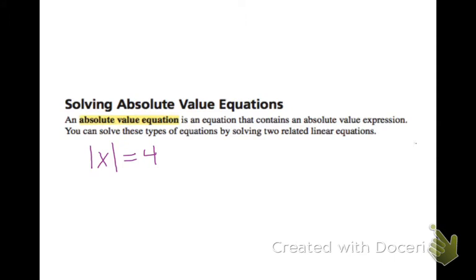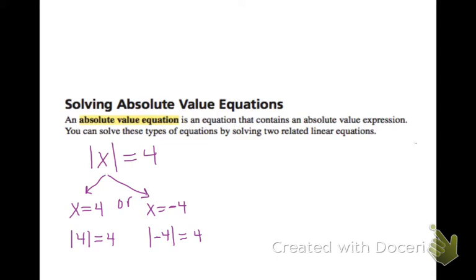So in order for the absolute value of x to be equal to 4, we are pretty sure that x would be equal to 4, right? Because the absolute value of 4 equals 4. Or x could be equal to -4, because the absolute value of -4 is also 4.